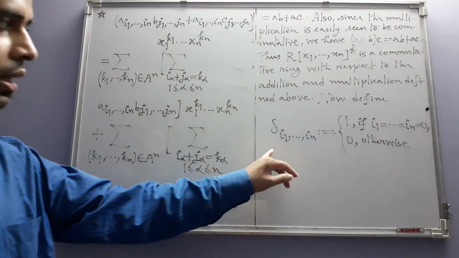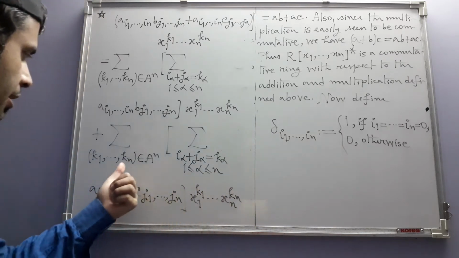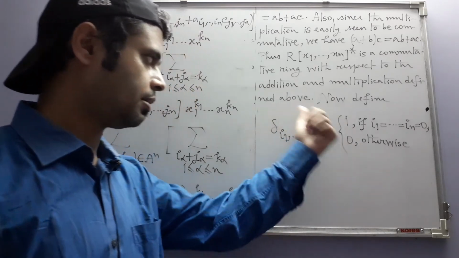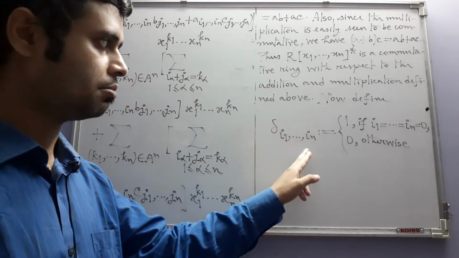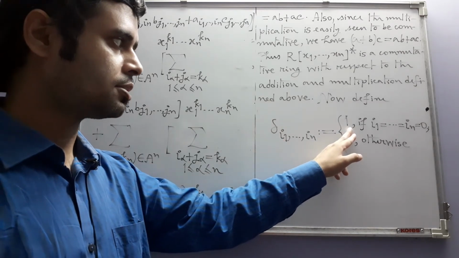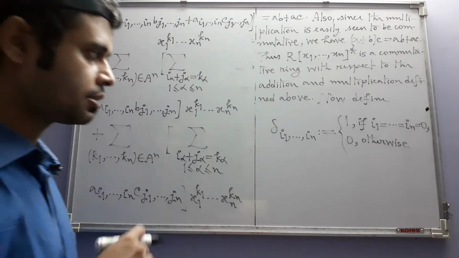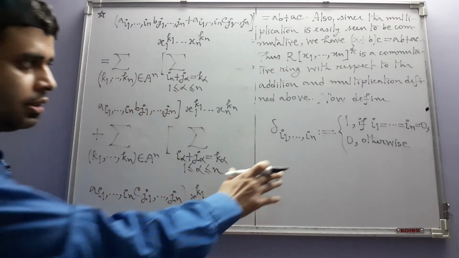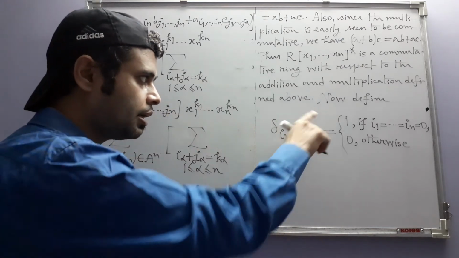That means for any n tuple of elements in A to the power n, we are defining an element in the ring R which we are denoting by this symbol, and its value is 1 if these are all equal to 0. That means for the 0 tuple where all the components are 0, this element in the ring R is the unit element 1.